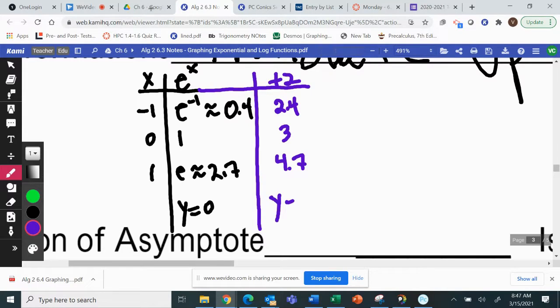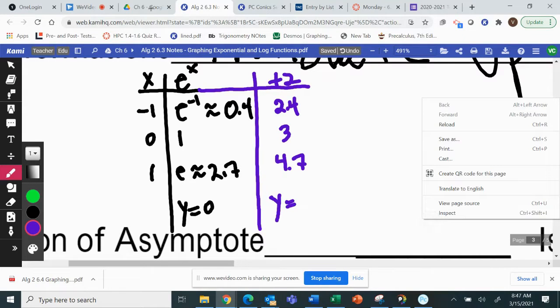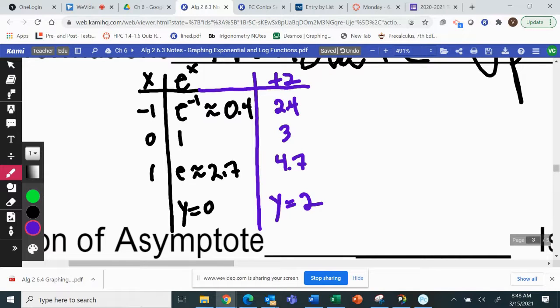Do I change my asymptote? It's on the y side. Should I change it? Aya, can I add 2 and 0 together? Yes. So my asymptote is y equals 2.